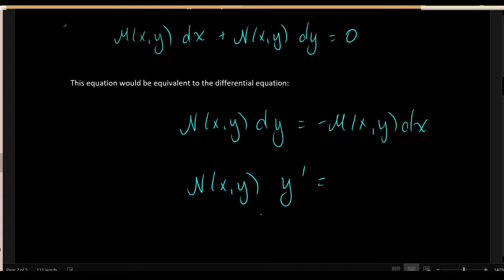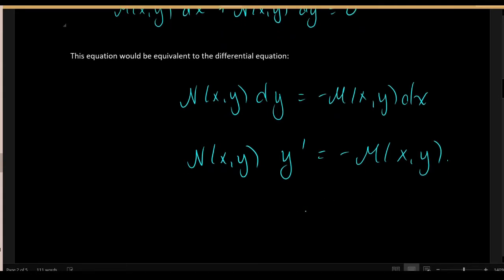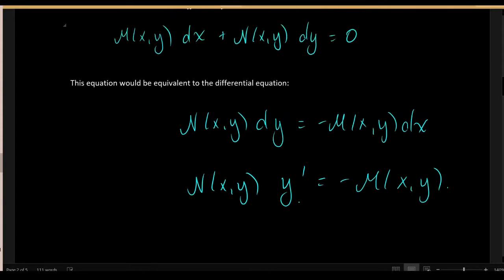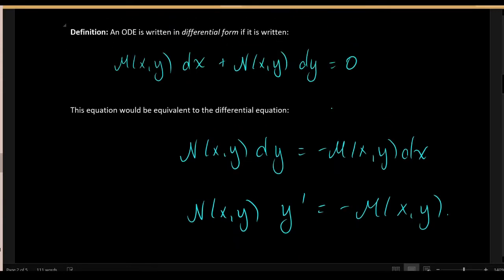A function containing x's and y's multiplied by y prime is equal to negative M of x, y. It would be more standard for us to write something like this with a y prime or a dy over dx than it would be for us to write things with dx and dy separately. But this is occasionally useful, for example, when we study exact differential equations a couple of sections from now.